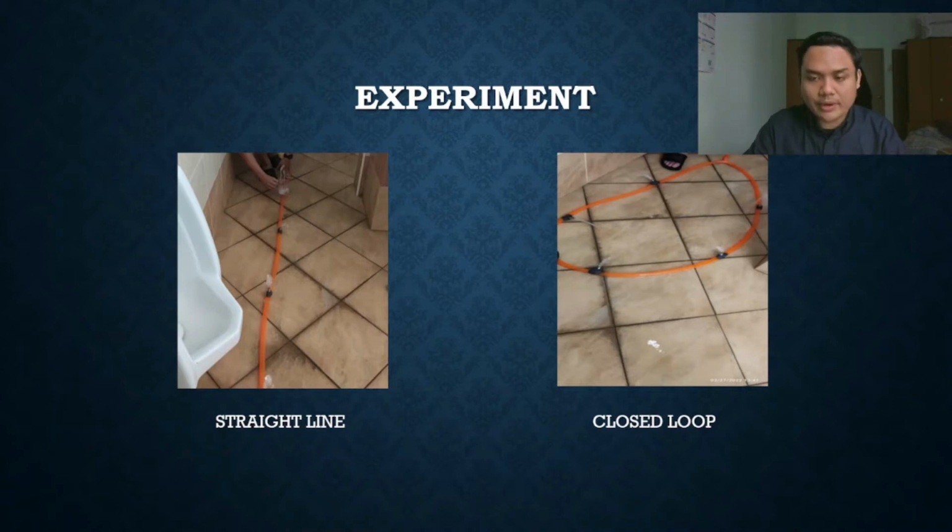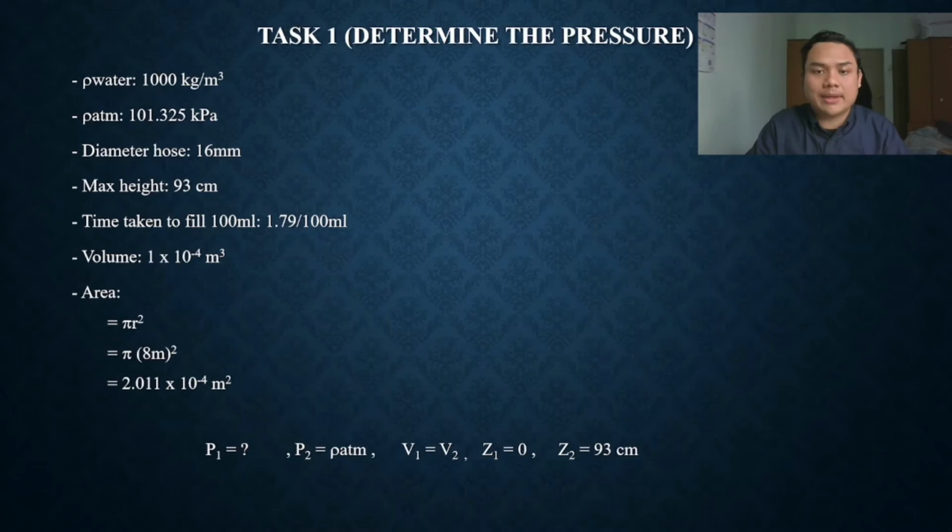We also record the flow rate for the closed loop for 100 ml of water, so that we can compare between the straight line and the closed loop, which one is better.